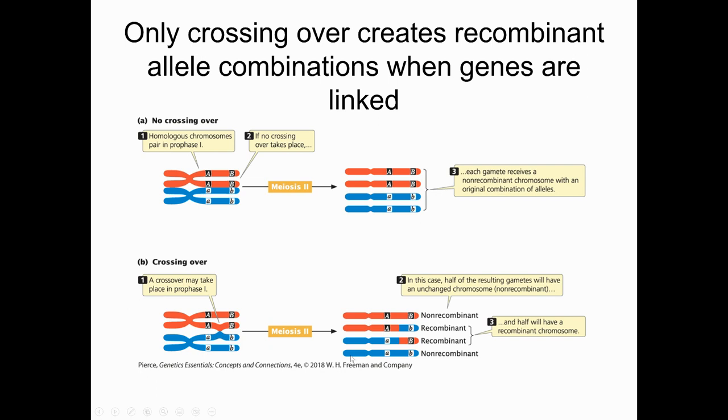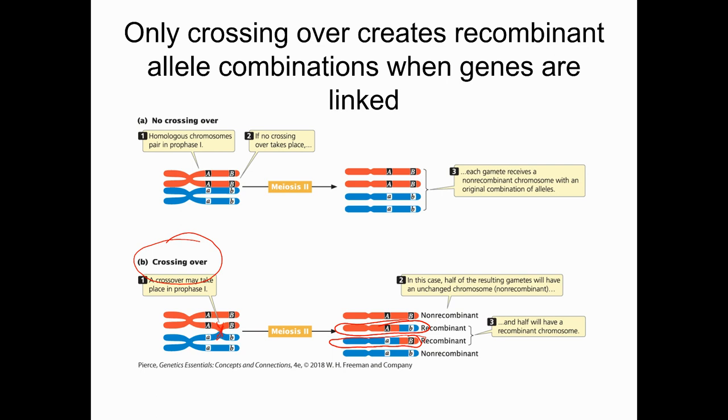So when there's a crossover, when the two chromosomes line up, this is down here at the bottom of this figure, if there's a crossover, then you will at least get some gametes that have the crossover chromosomes. And remember, by the end of meiosis, these are monads. So you will get some.